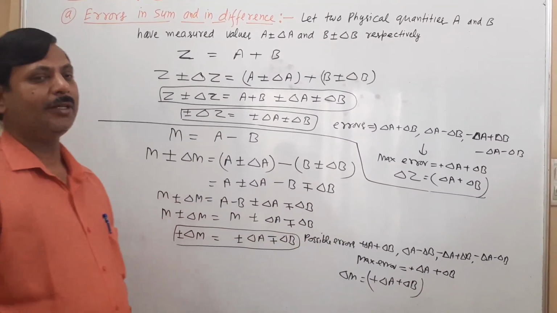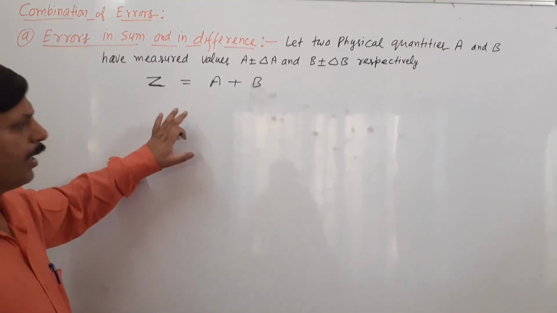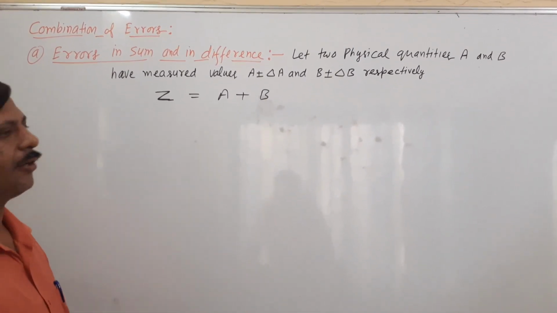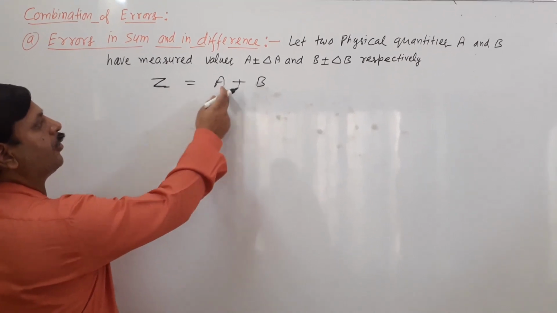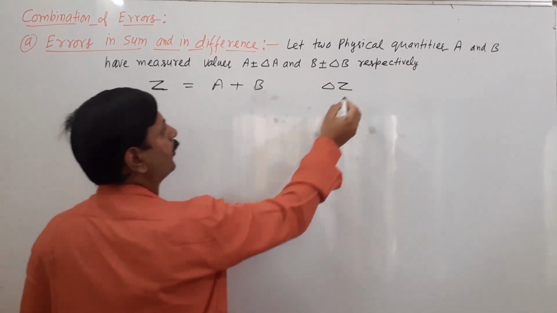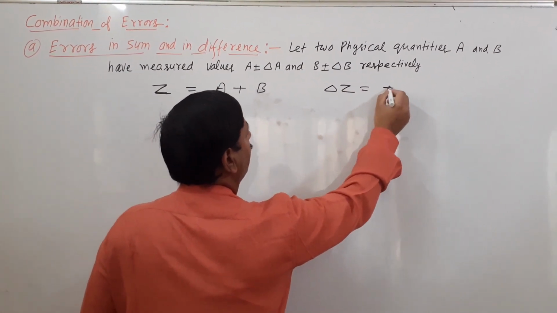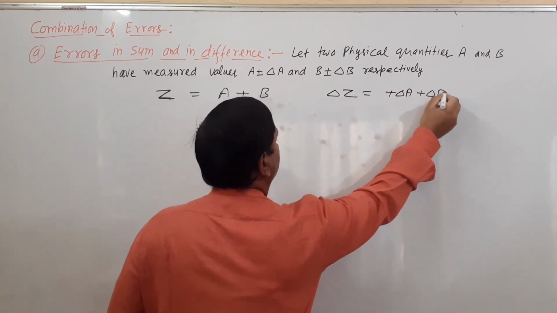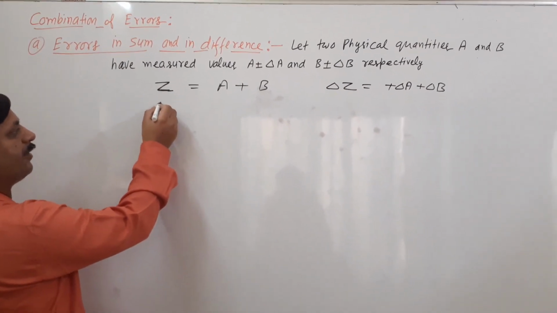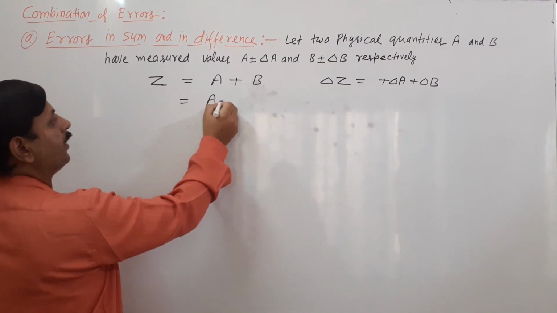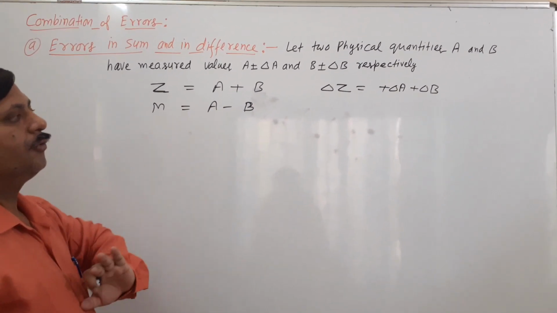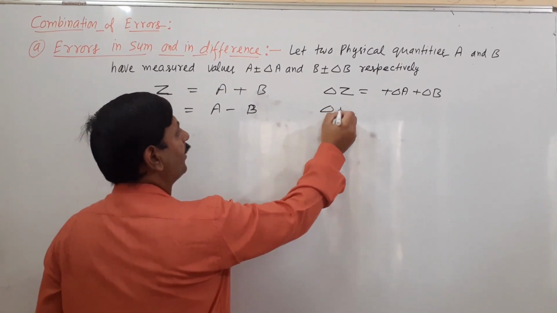of the absolute errors. I told you that if a quantity is the sum of two physical quantities, Z is equal to A plus B. So what will be the maximum absolute error? The error is plus del A plus del B, the sum of the absolute errors. If a quantity is the difference of two physical quantities, what about the error?